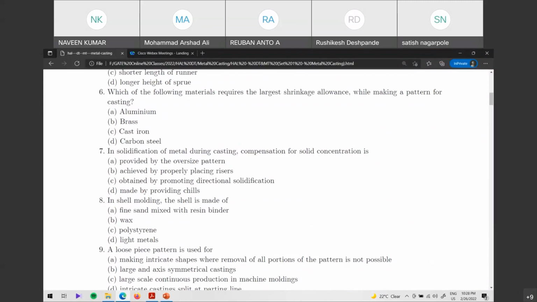Sorry, I thought it was the 6th only. I'm getting different answers here. Naveen said A. Rishikesh is saying C. Praveen is saying D. Somebody is saying B. Satish is saying A. Come on, man.